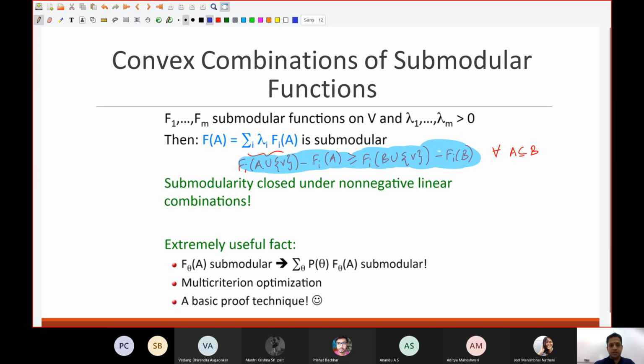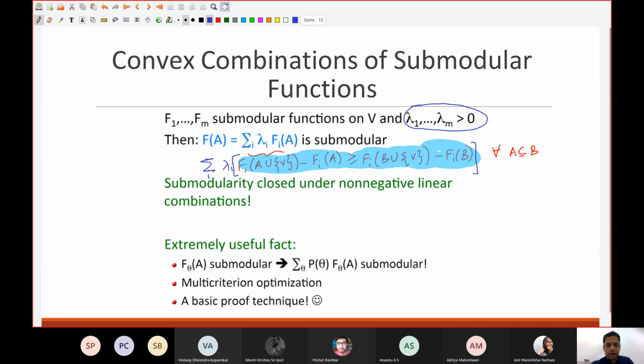The lambdas are all positive, right? So if I multiply the right hand side and left hand side both by lambda i and then add, this still will hold, right?